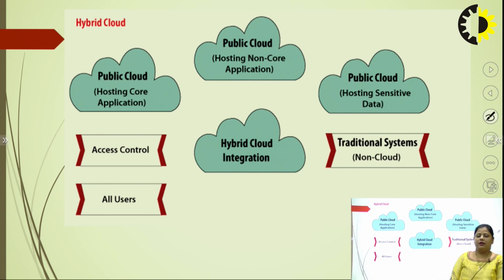We can take the example of a railway system. In the railway inquiry software, some parts work as public cloud, and some parts work as private cloud. So the railway inquiry system is an example of hybrid cloud.